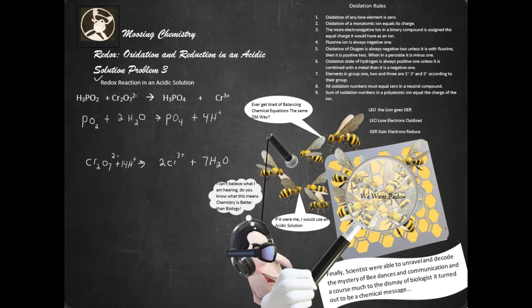Okay, now, let's look at the next thing here. So we have 4 hydrogens on the left side and 4 hydrogens on the right side. Well, we know that PO2 has a -3 charge because we have H3 right here. And we also know that PO4 has a -3 charge also because of the H3 here.